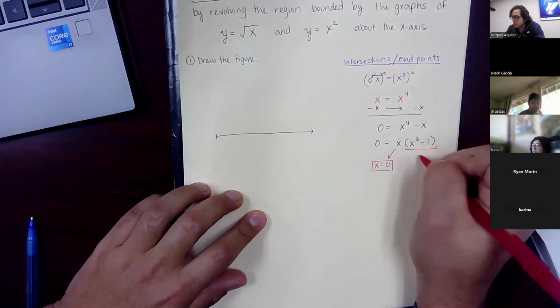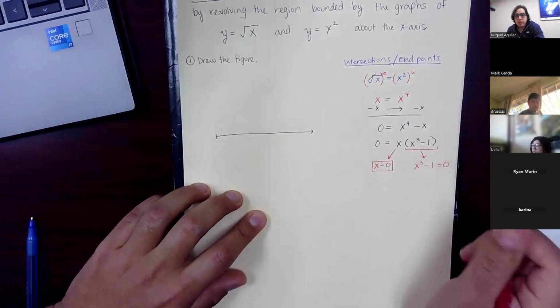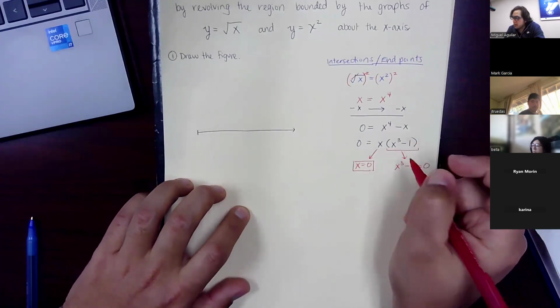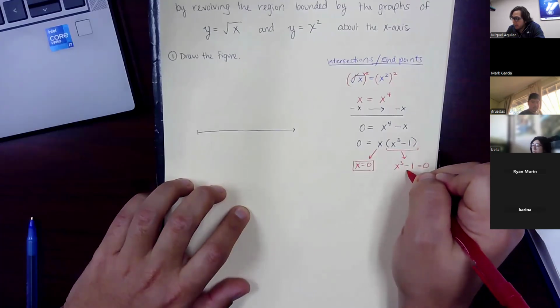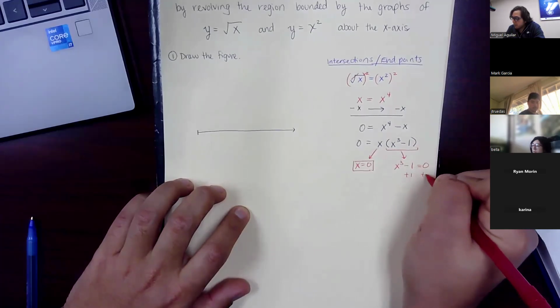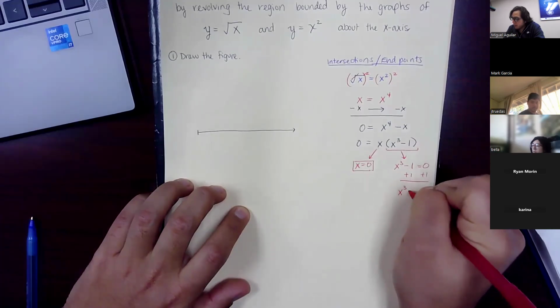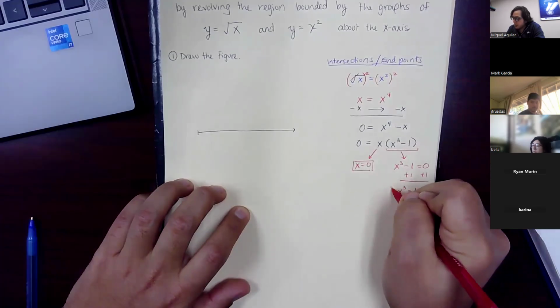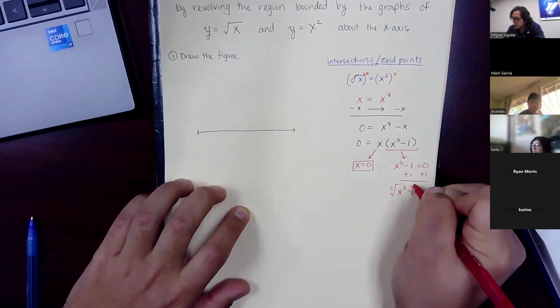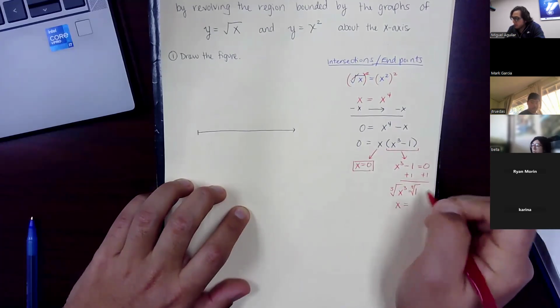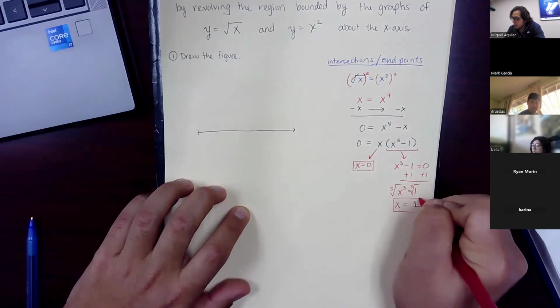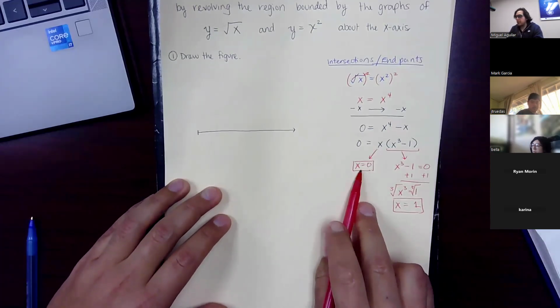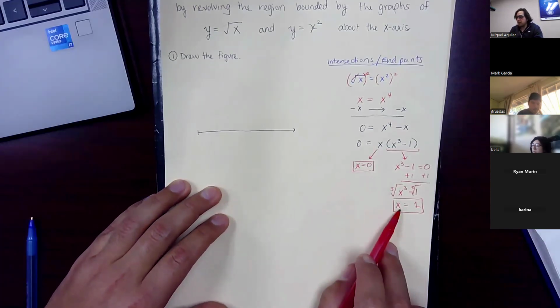And if I set this equal to 0 and solve it, x to the third minus 1 equals 0, I'll find the other set of solutions. Adding the 1 over to the other side, x to the third equals positive 1. And then if I take the cube root of both sides, then I'll get x is equal to positive 1 there. So these are the intersection points.